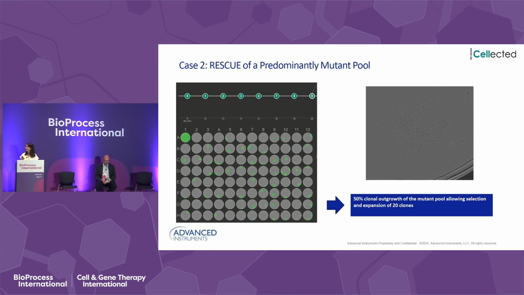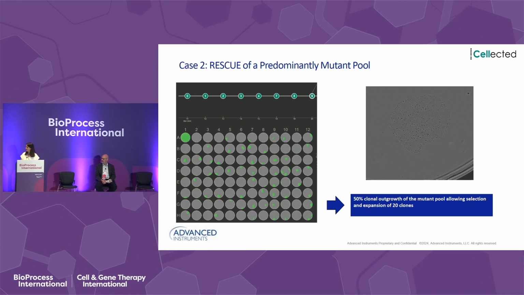The second stage of the case study was looking at a predominantly mutant pool. So this particular pool had a mosaicism of around 90%. So this meant that in the early stages of their research, they had to single-cell seed a lot of clones to ensure that they had a high number at the downstream process.